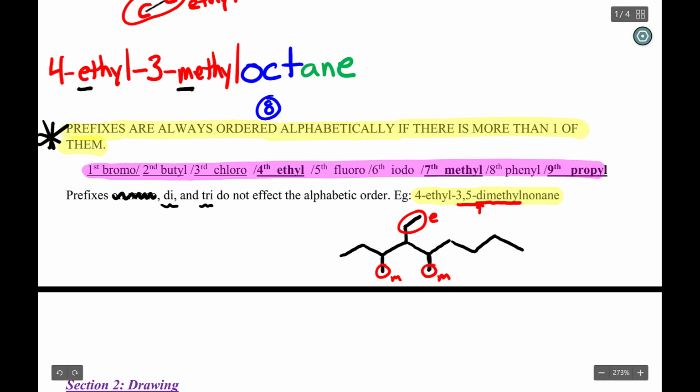So even though dimethyl starts with a D and D comes before E, when I write the name, the methyl still has to come after ethyl. So it is critical that you remember when you do prefixes, they must go in this order, even if there is a di or tri associated with one of the branches or functional groups.